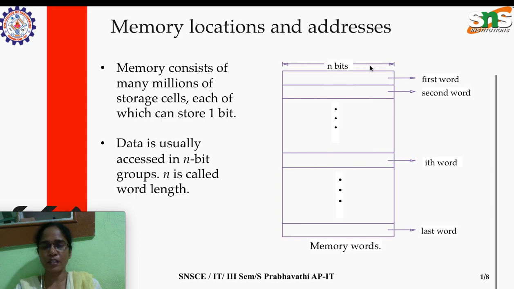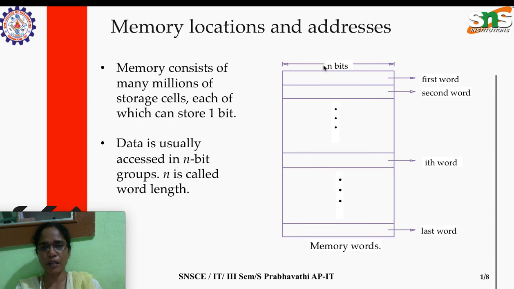So here is the concept of how words are stored inside the memory. Assume this is your computer memory, and this is the place where the word is stored. These are the places where our information gets stored in the computer. The word length, as I said, a word is nothing but a group of n bits.